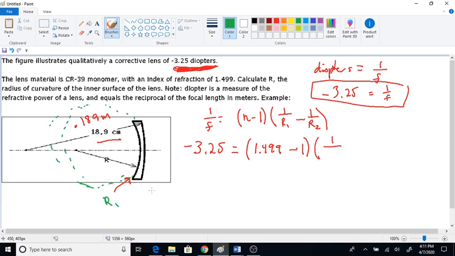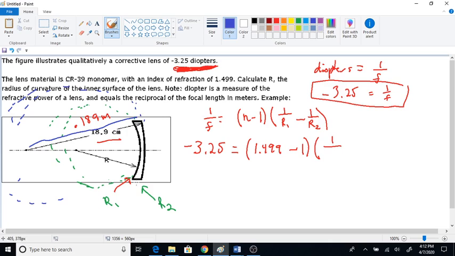Surface 1 is R1, and this is R2. The question is asking for R1, and they give us R2. If you make another circle, there's the center right there. Think of a circle with a radius there.